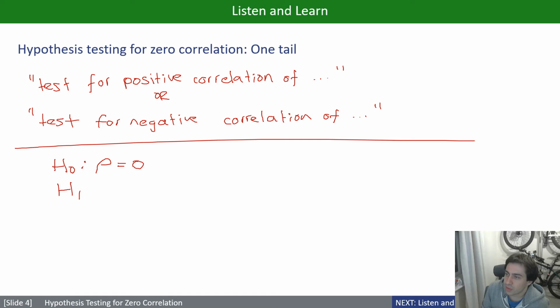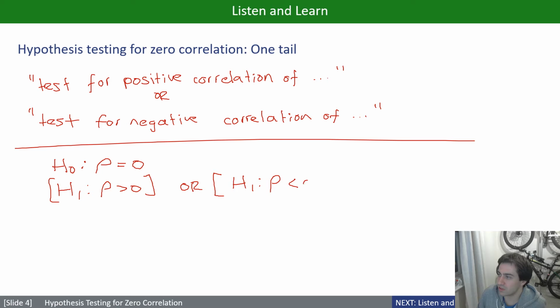Your alternative hypothesis depends on if you're testing for positive or negative. So you'll either write this, rho greater than 0, okay, or, right, you'll never write both of them, you would write rho is less than 0.